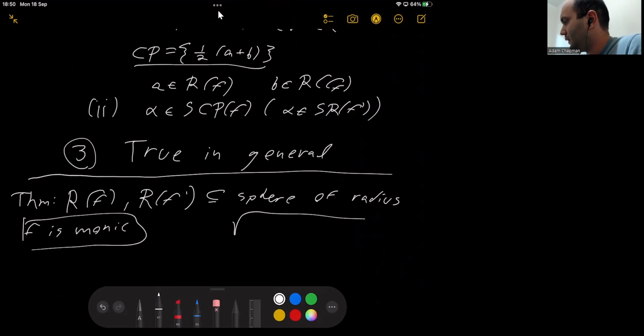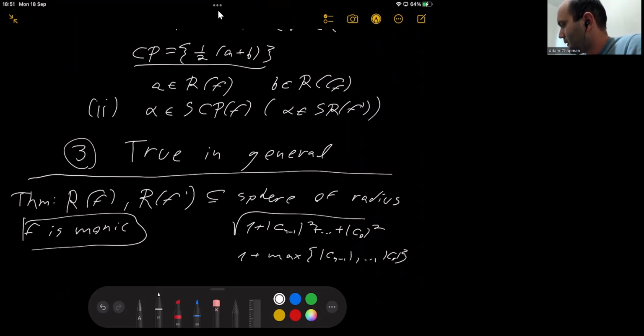And then the radius is 1 plus the absolute value of Cn minus 1 squared plus blah, blah, blah, all the way to the absolute value of C naught. And you can also have 1 plus the maximum of these guys as an alternative radius, and some other upper bounds for the radius.